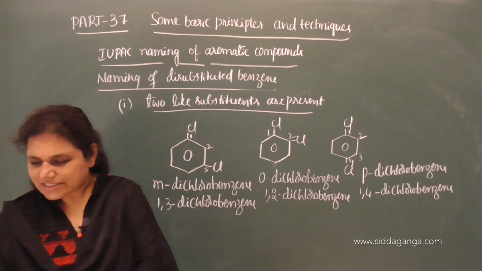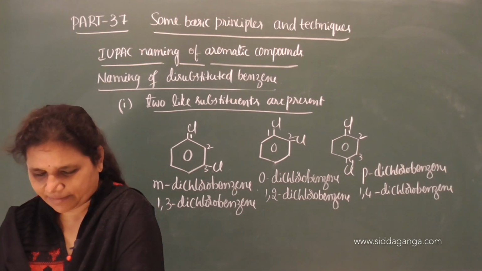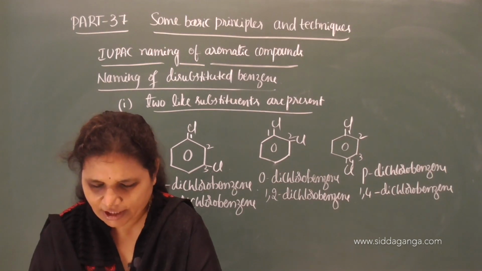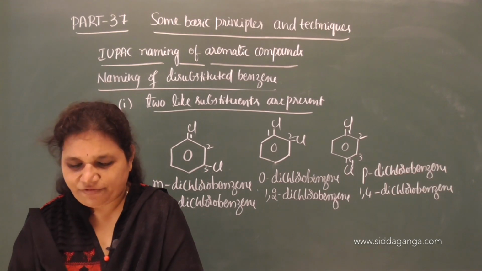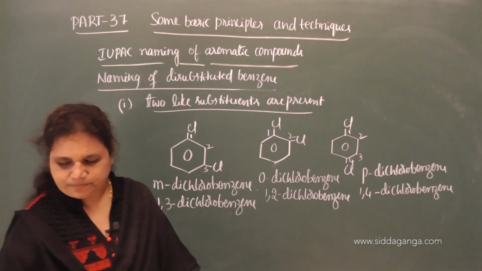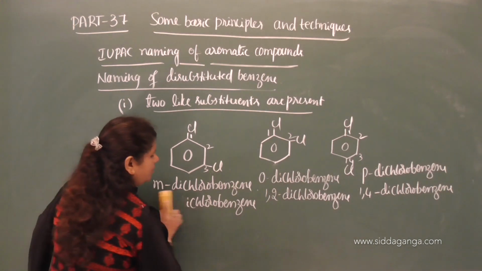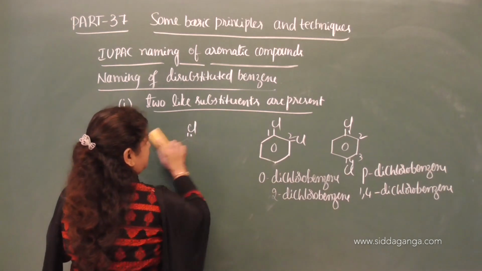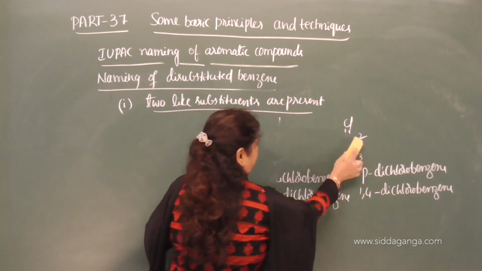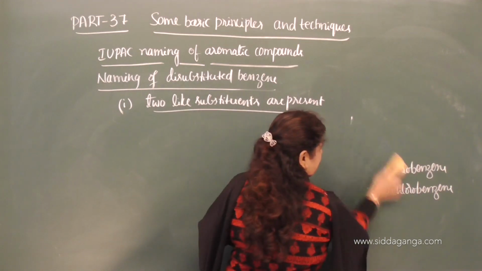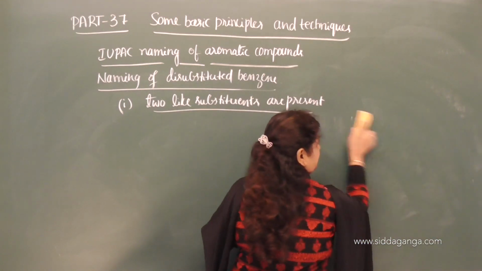If 2 different substituent groups are present on a benzene ring, then how to name such compounds? This was the example for 2 like substituents.